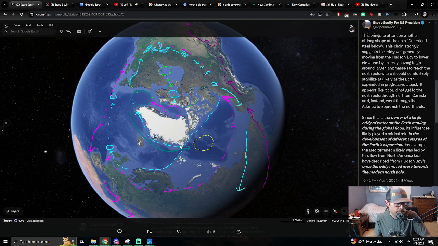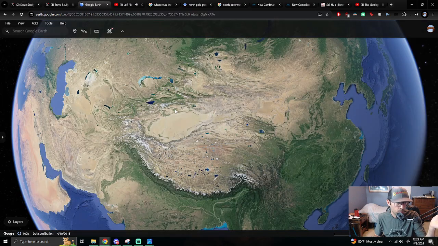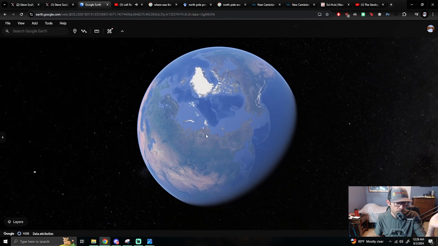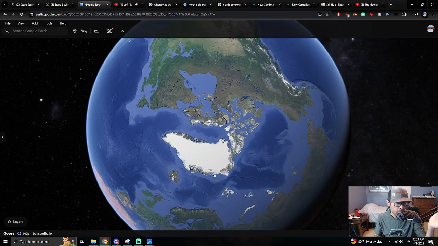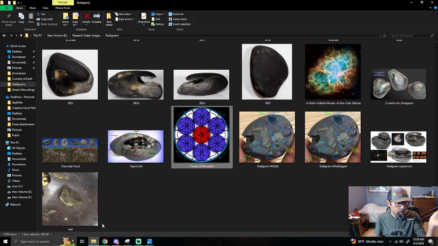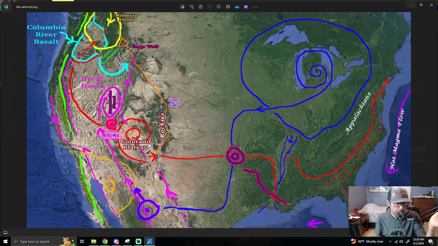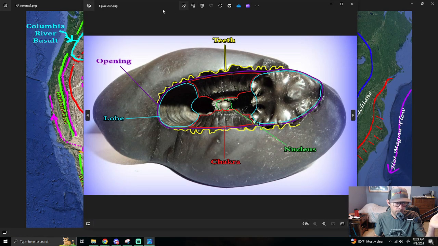But it seems like these two boundaries extend and are then competing, almost forming a lobe of an ammonite, of a shallogram, out this way. Almost doing something like that.